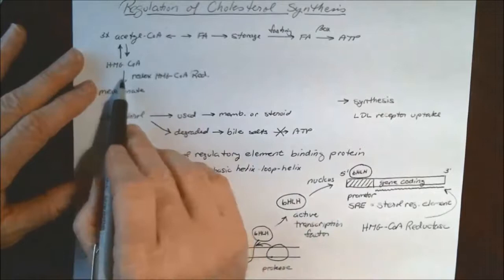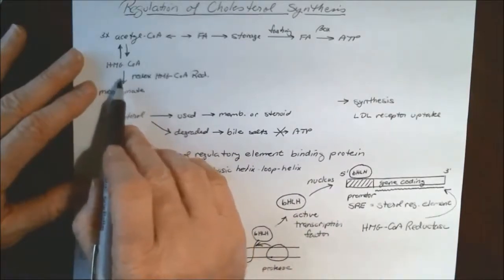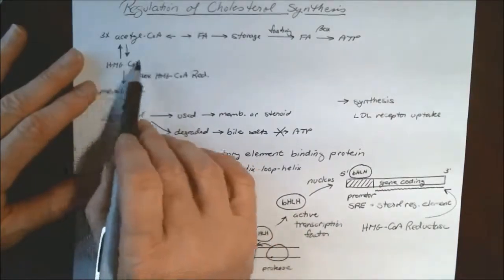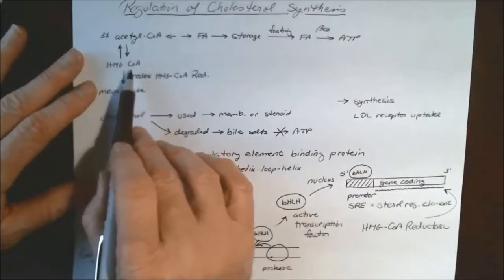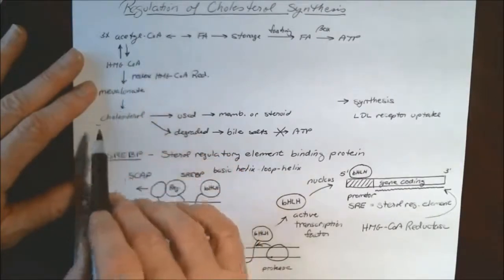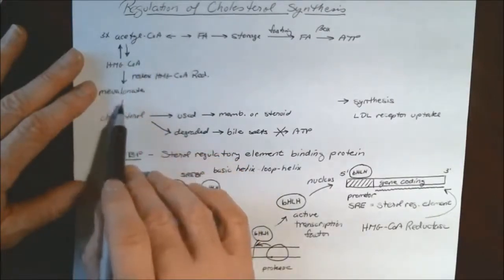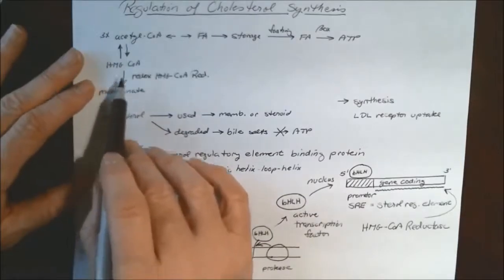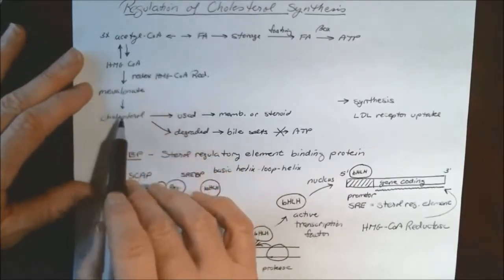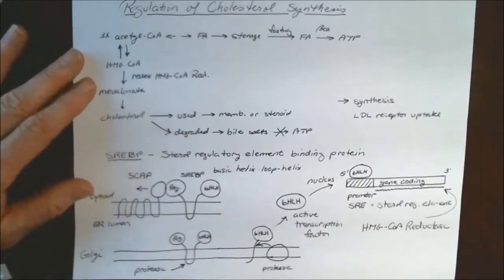And so by inhibiting or activating at this point, we can take the HMG-CoA, bring it into the cholesterol synthesis pathway, and then this is the committed step, so that beyond this step, everything must go down to cholesterol synthesis.